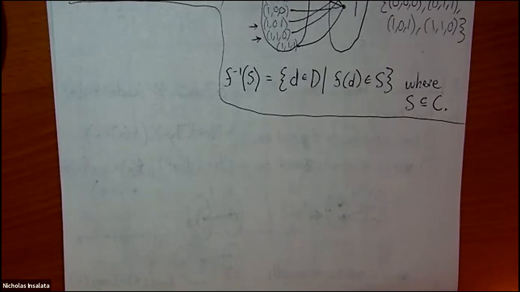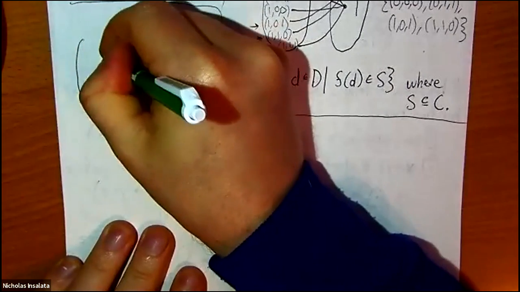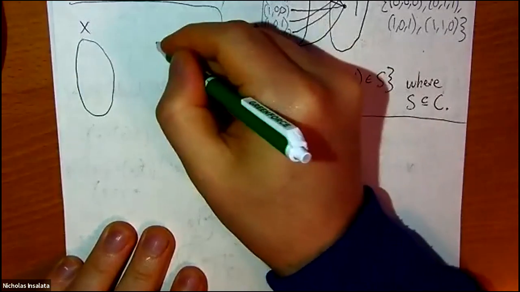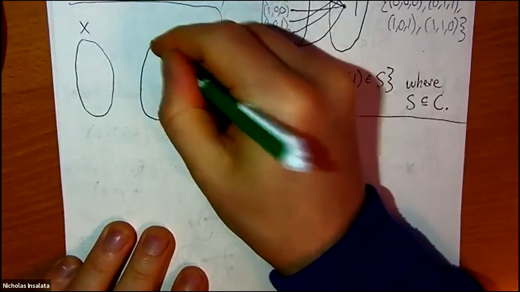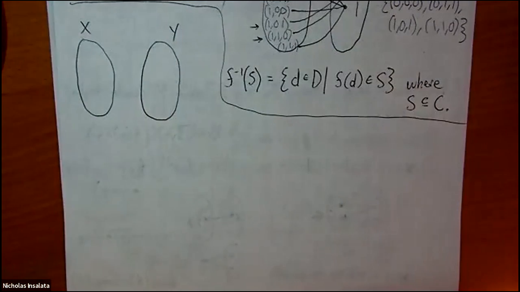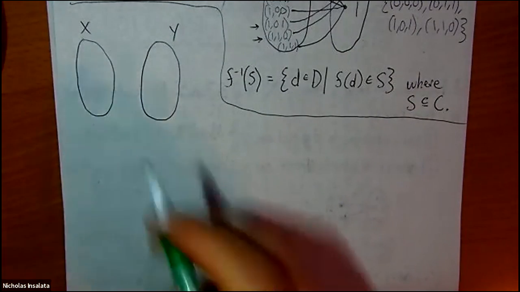Okay, so let's do a couple more examples from section 7.1. I've got one here where we have domain X and codomain Y. The domain X contains 1, 2, 3, and 4.